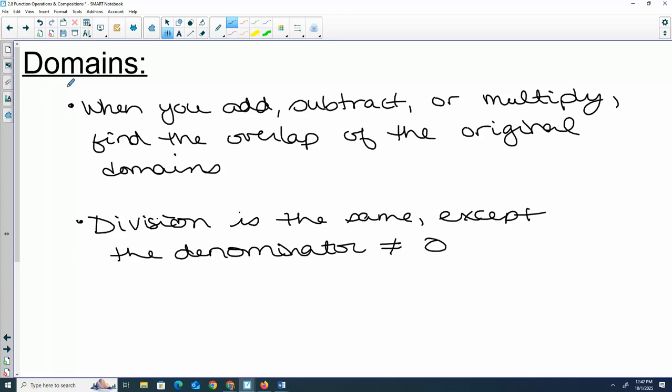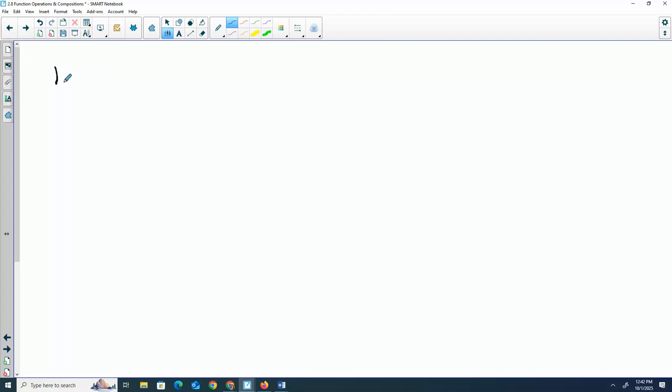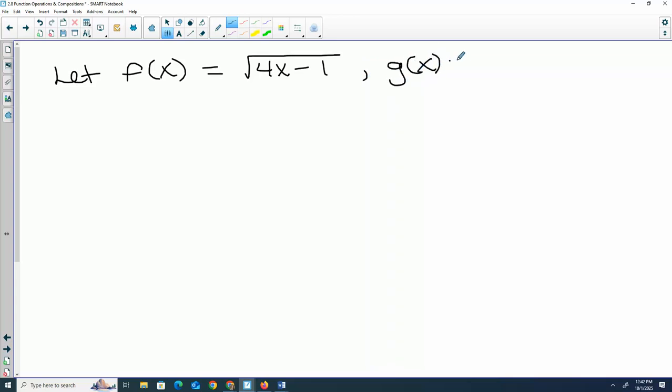So let's practice a couple of these. Let's say f of x is the square root of 4x minus 1. G of x is x over x minus 3.